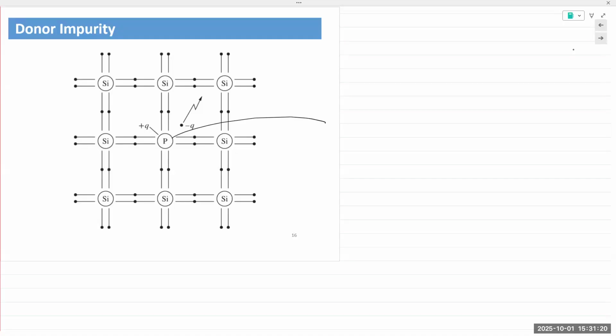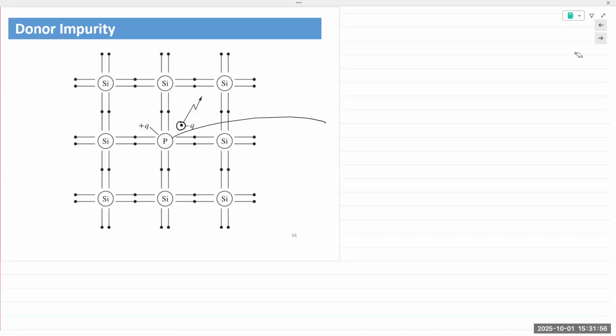Two of the most common elements that we use are phosphorus and boron. So if we use column 5, you introduce it in there, it shares 1 electron each with a neighboring silicon atom. So it forms a stable bond. But because there's an extra electron, that extra electron has nowhere else to go. It is free to roam about.